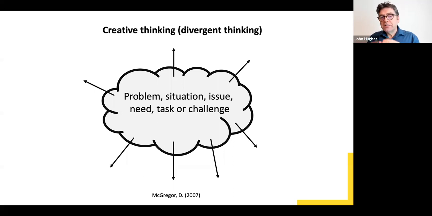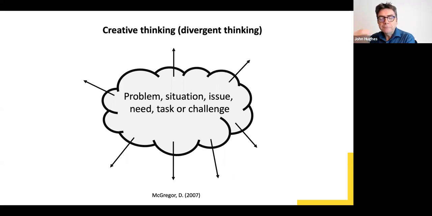One way in which we define creative thinking is dealt with by a book by McGregor. I'll give you the references at the end. She wrote a fantastic book called Developing Thinking, and a lot of my thinking about creativity and so on is based on her work. But one definition of creative thinking is divergent thinking. And some of you have mentioned thinking outside the box.